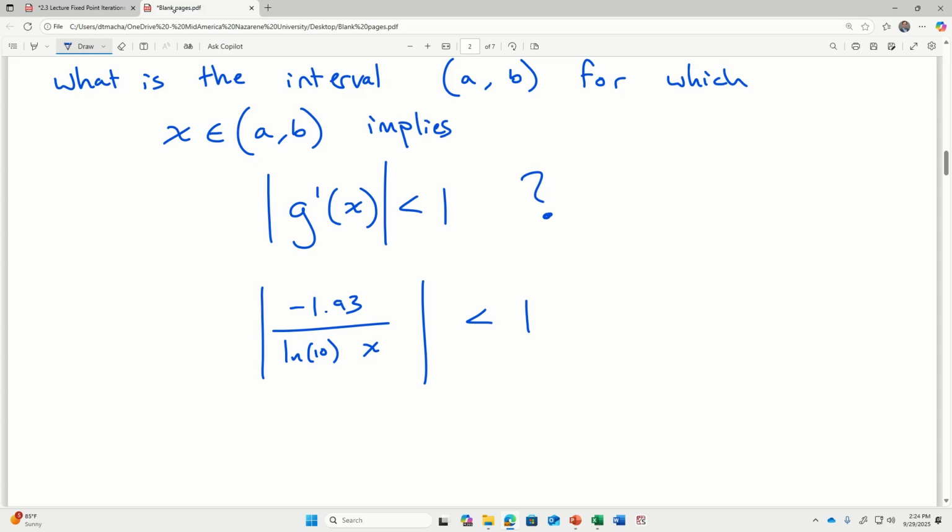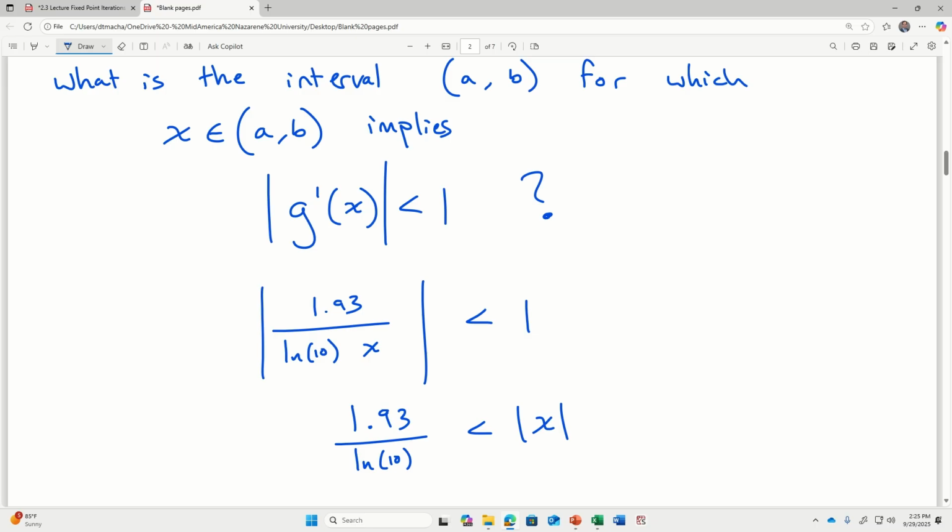Okay. Now I don't care that it's negative, because I'm about to take the absolute value anyways. And 1.93 is a positive number. Natural log of 10 is a positive number. The x, we're not so sure about. But I could write something like this, just by multiplying both sides times absolute value of x.